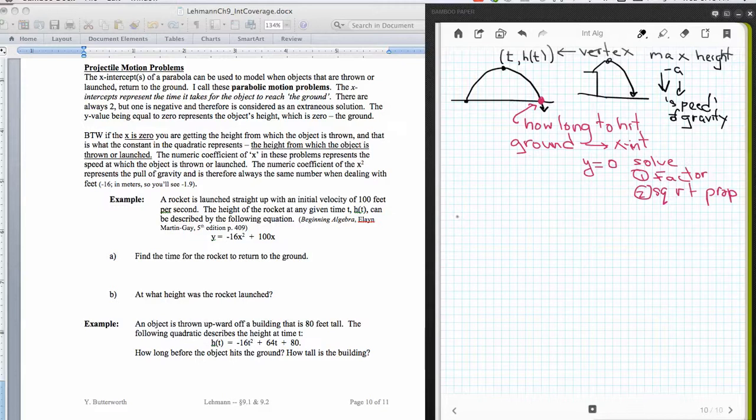So many times, instead of saying y is equal to negative 16x squared plus 100x, these equations would be given as h of t, the height at time t, is equal to negative 16t squared plus 100t.